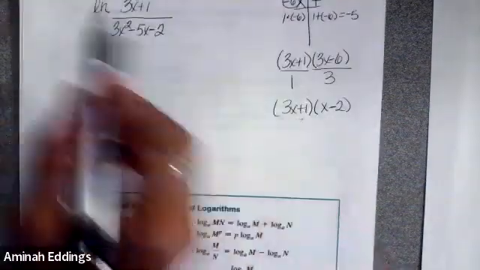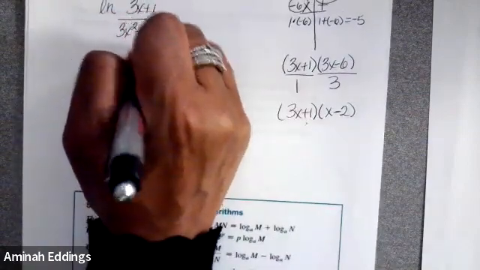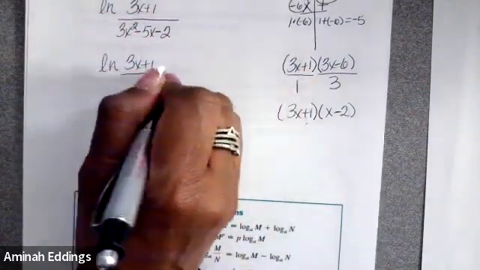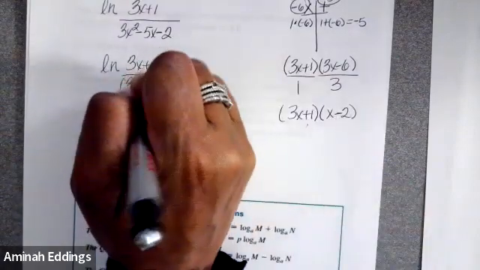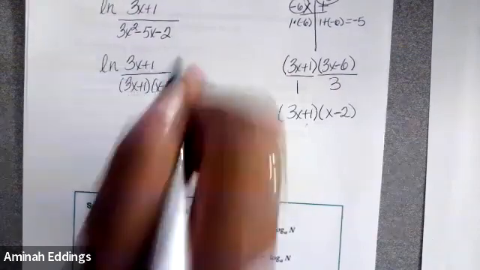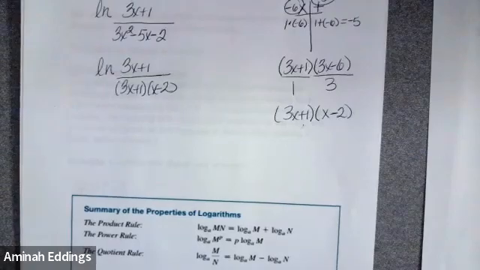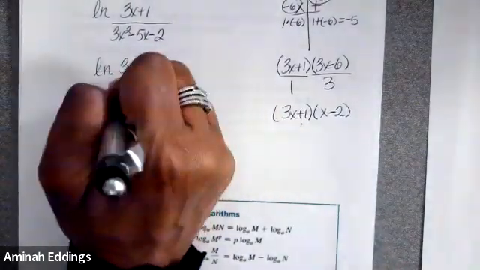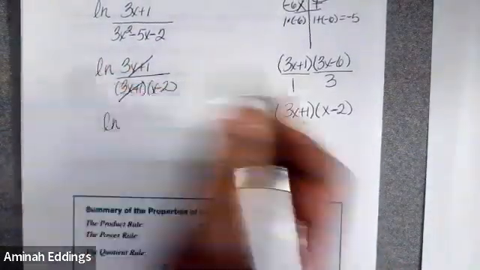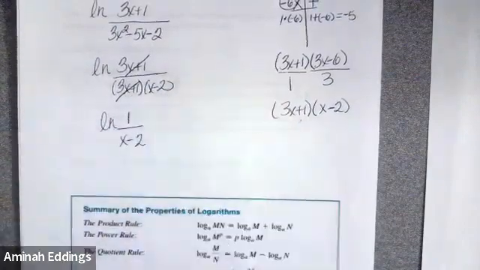We replace it over here. So we have the natural log of 3x plus 1 over 3x plus 1 times x minus 2. Can I simplify anything? Good. My final answer is the natural log of 1 over x minus 2.